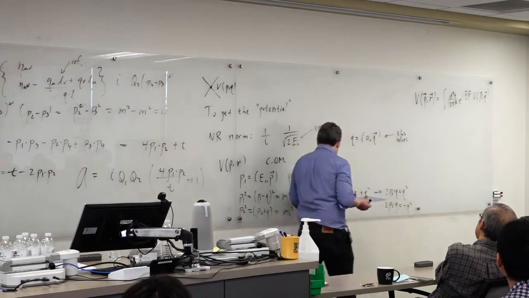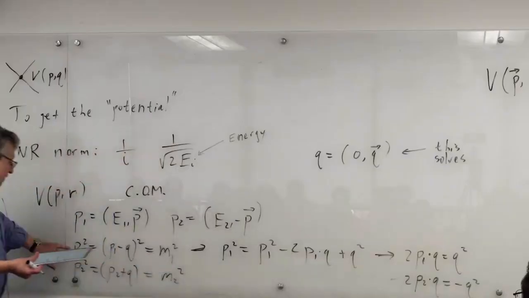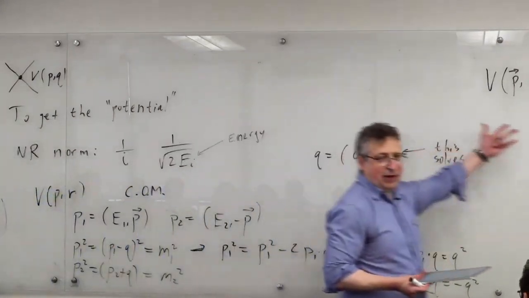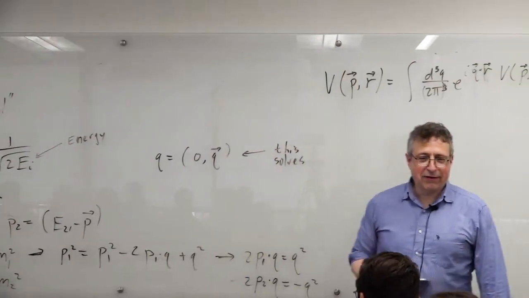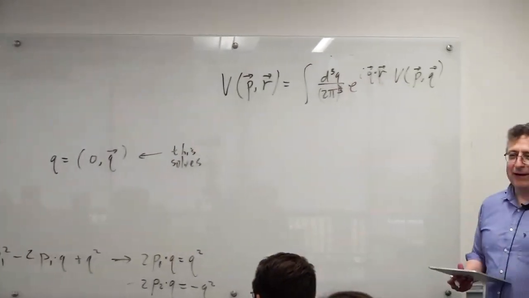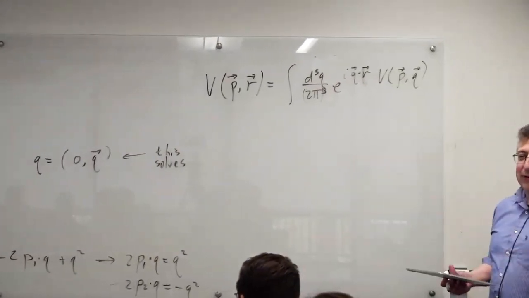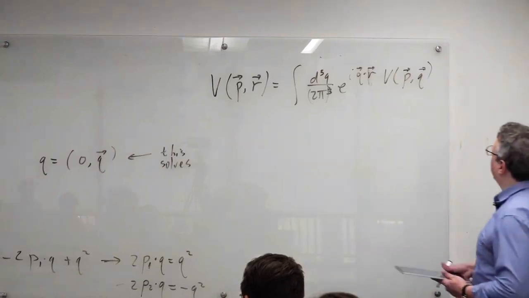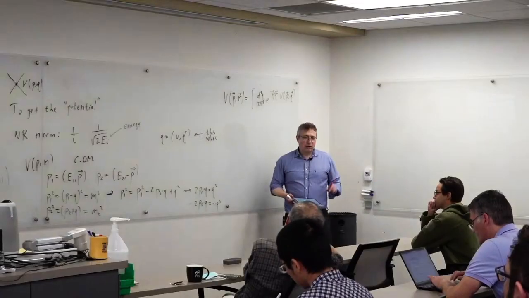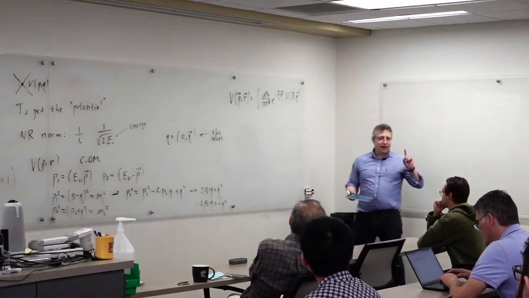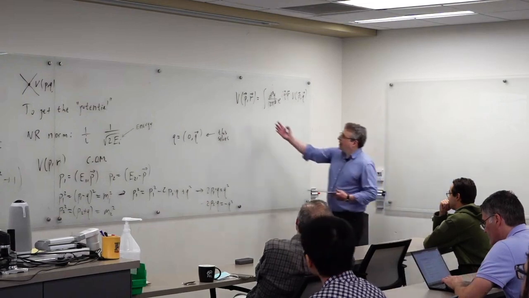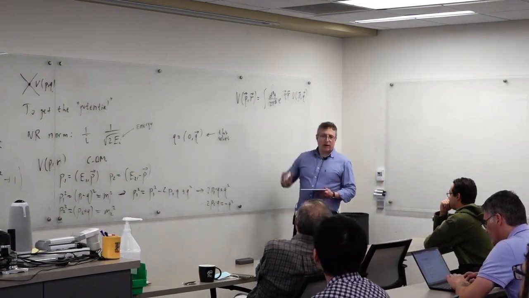Here, I have this constraint. There, I don't have any constraint. There's no p squared equals m squared type constraint. In fact, this is three-dimensional. There's a choice made here. I snuck it in while you weren't looking.